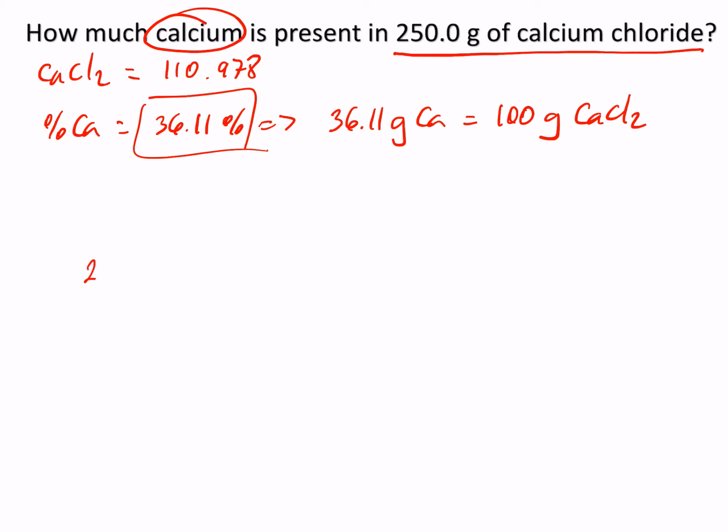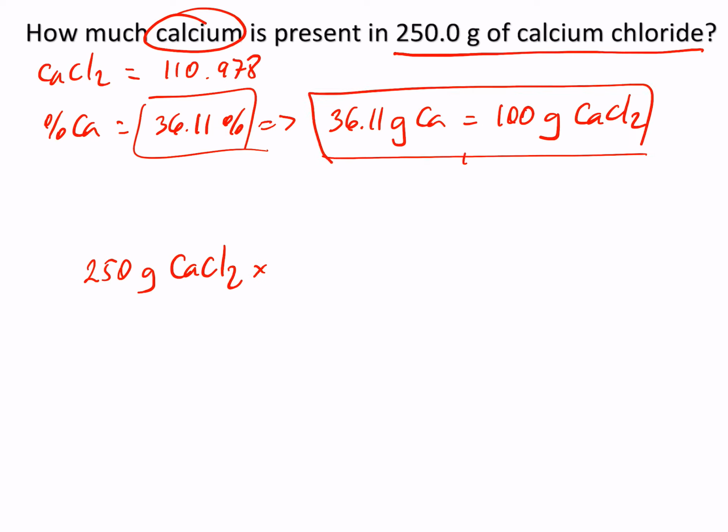So we simply take 250 grams of calcium chloride and we use that as a conversion factor. As a conversion factor, you need to cancel grams of calcium chloride, so 100 grams of calcium chloride has to be here at the bottom.